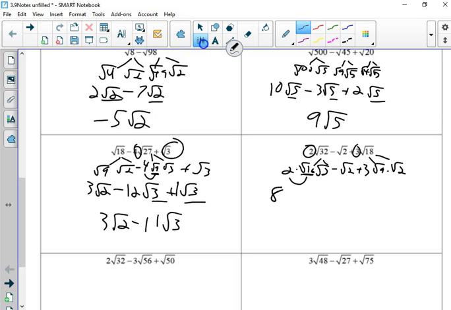Times 2 is 8 radical 2. Minus, this radical 2 is just by itself. Square root of 9 is 3. Times 3 is 9 radical 2. Well, again, we have all the same thing when they're all together. So 9 plus 8 is 17. 17 minus 1 is 16 radical 2.